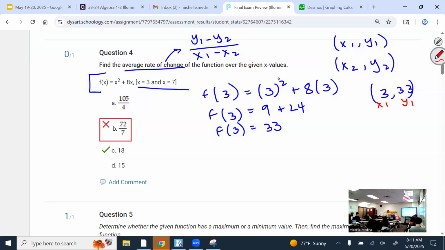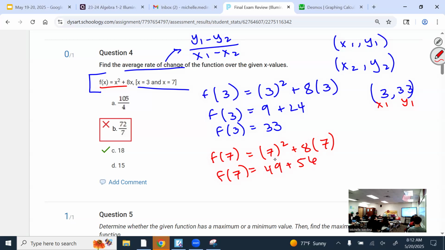Okay, so that would be, for example, my x1, y1. My other value I get from plugging in 7. So they always tell you what they want you to plug in. So 7 squared plus 8 times 7, that's me plugging it in. And 7 squared is 49, 8 times 7 is 56.